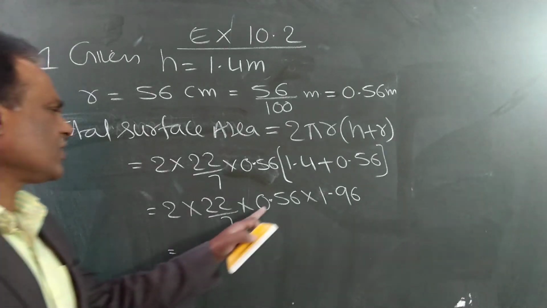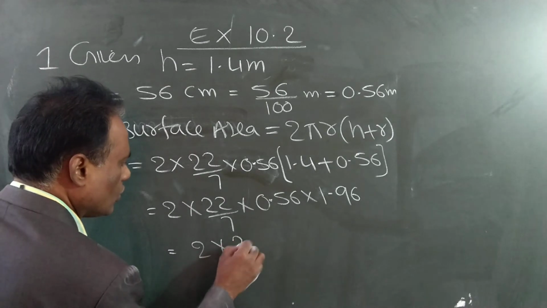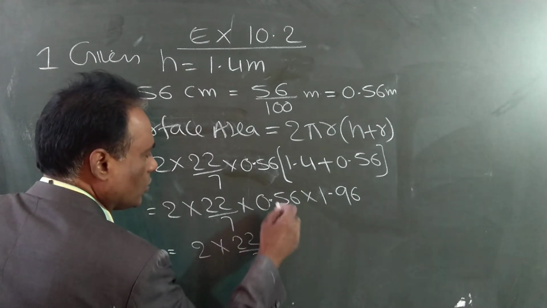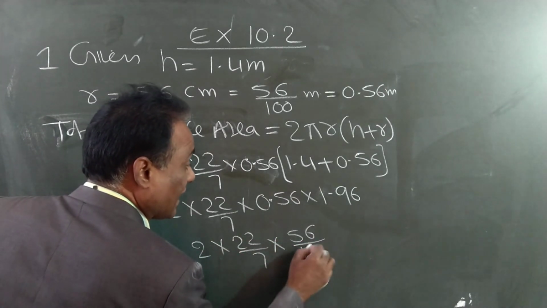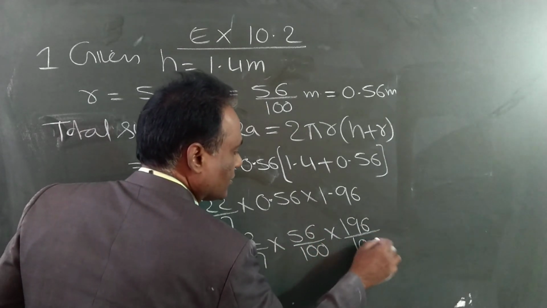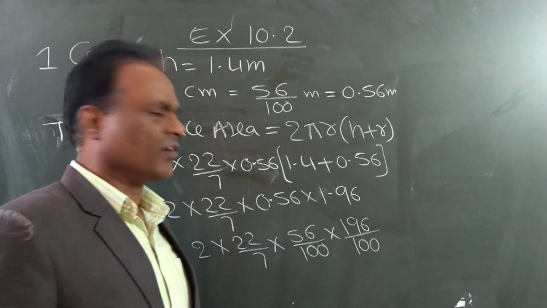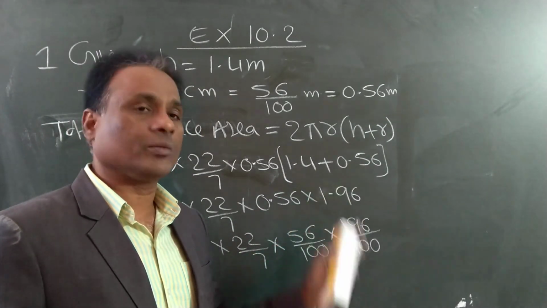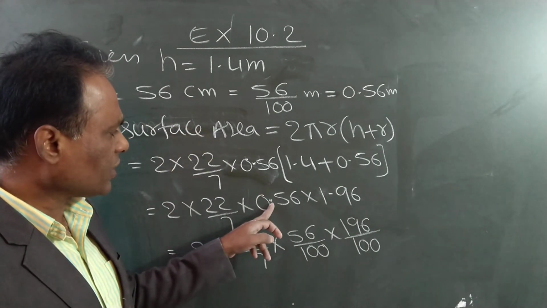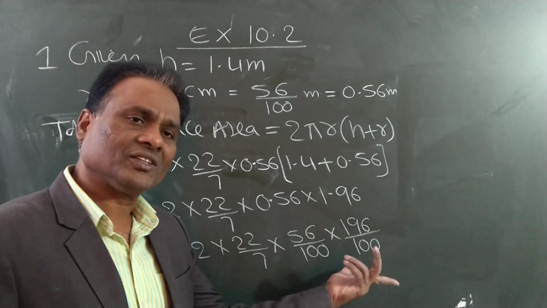If you have confusion with the decimals, you remove the decimals. See here. 2 into 22 by 7 into, remove the decimal, 56 by 100, 196 by 100. Because generally you may do some mistakes when using the decimal. After multiplying, you may confuse where to keep the decimal. Remove the decimal. After the decimal, 2 digits are there, so 100.